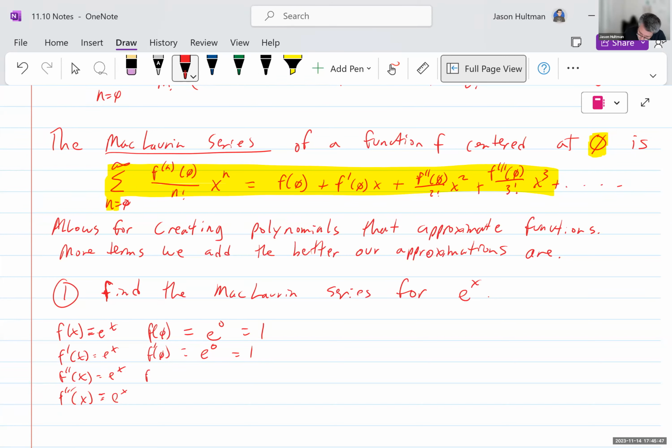Okay, so f double prime of 0 equals e to the 0, which is 1. F triple prime of 0 equals e to the 0, which is 1. So they're all 1.